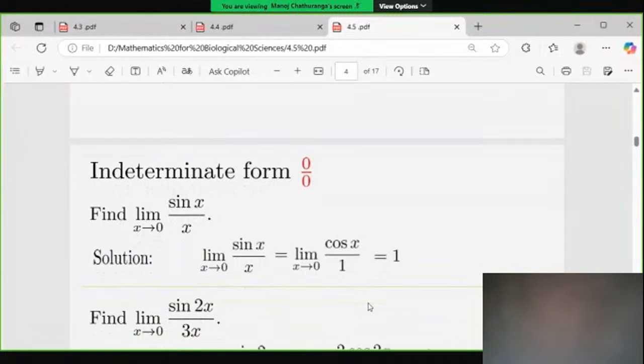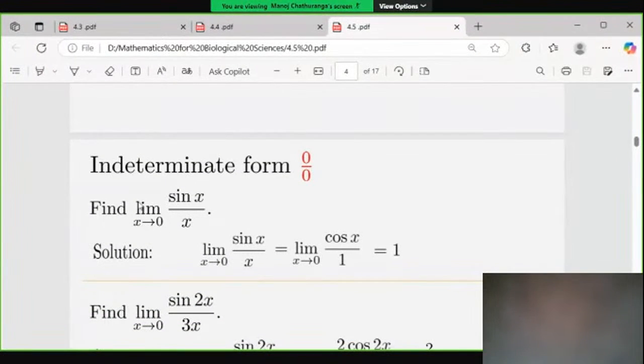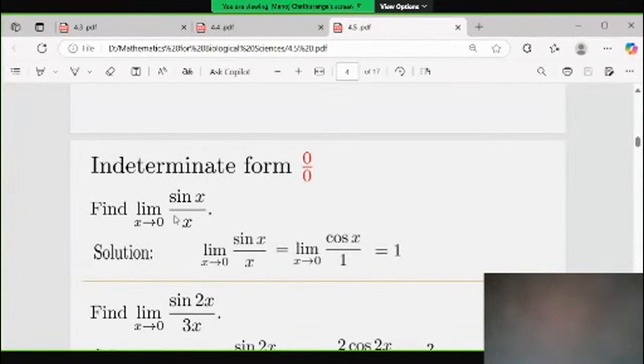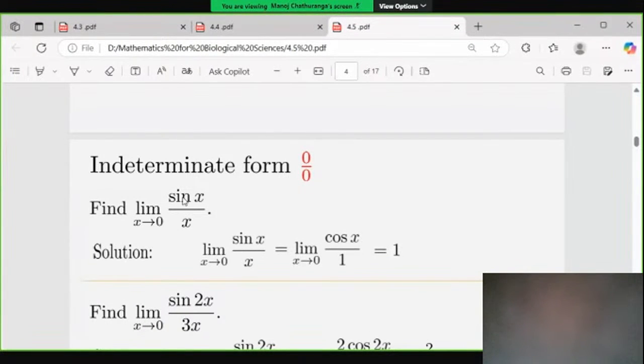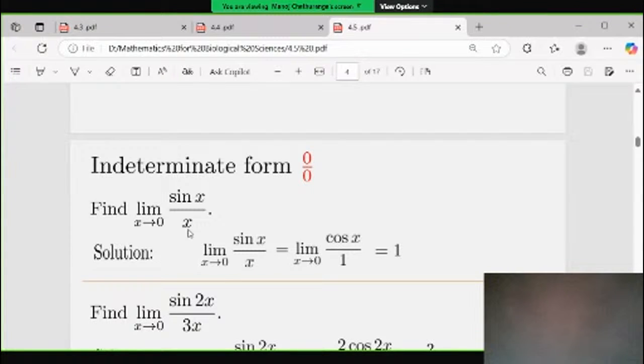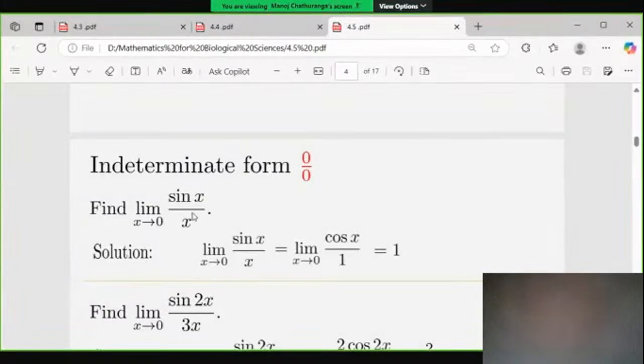So here is something. Let's say you want to find the limit as x goes to 0 of sine x divided by x. Then you substitute x equals c, 0, separately. Sine 0 is 0, x goes to 0, x equals 0. So you get 0 divided by 0.